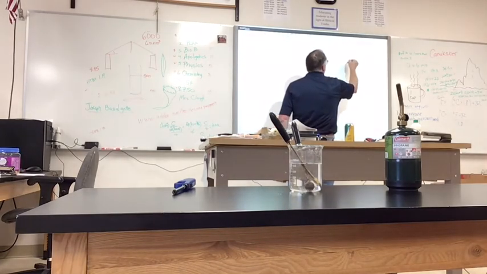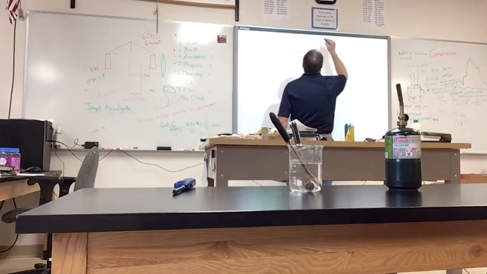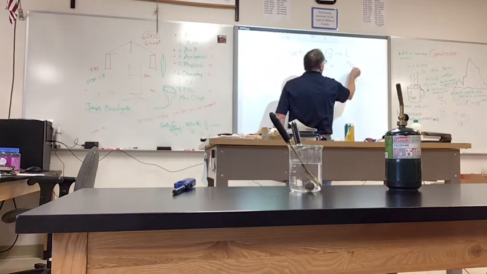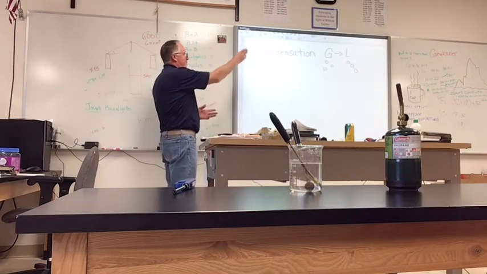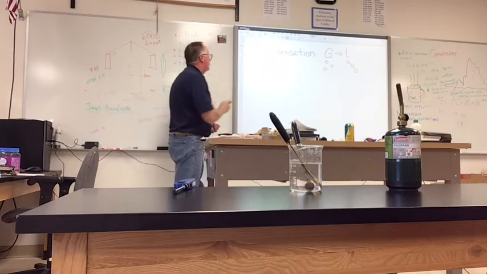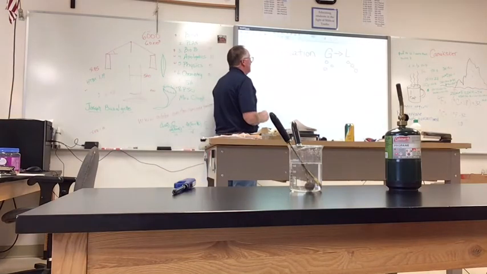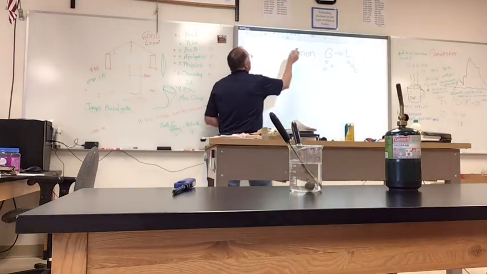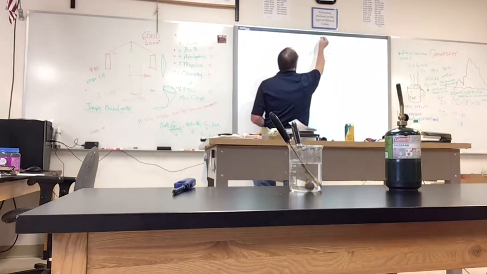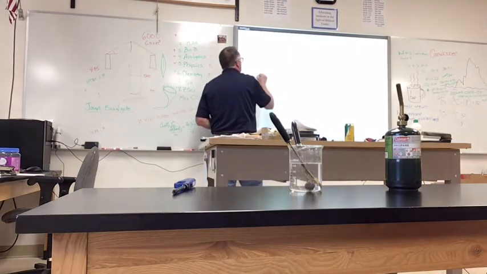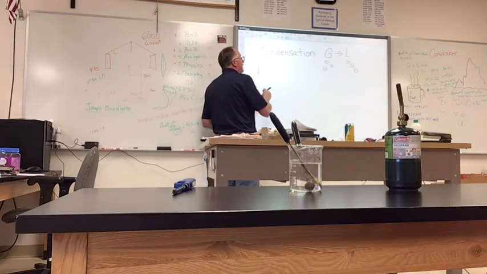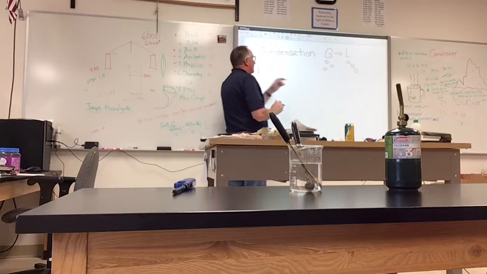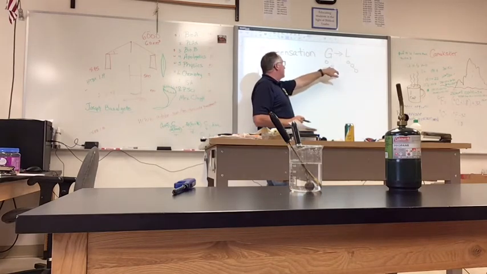So we're going to go from this to that. That's our model: gas to liquid. So number one, the key is, red: is energy added or lost? You can always tell, is this going from here to here?